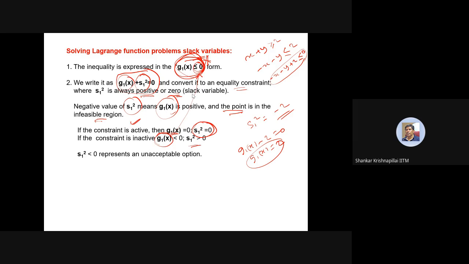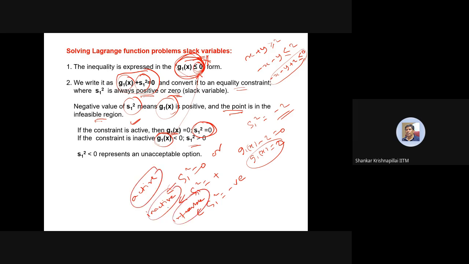So these are the switching conditions: s1 squared equal to 0 means active, positive means inactive, negative means infeasible. We can check the value of s1 squared and arrive at either of these three conditions.